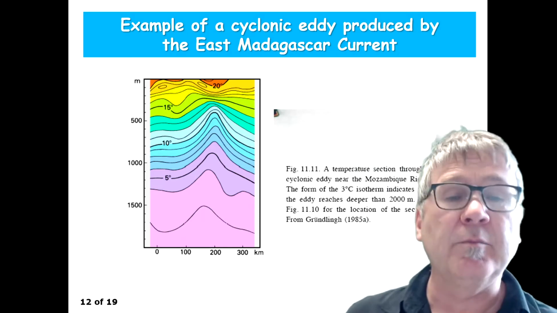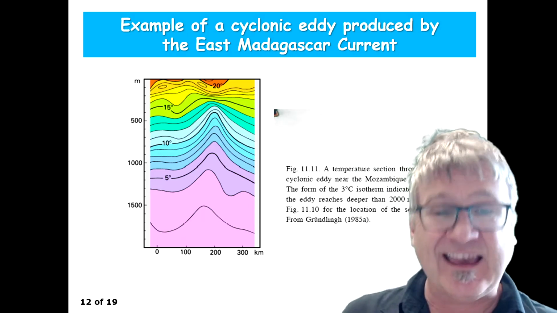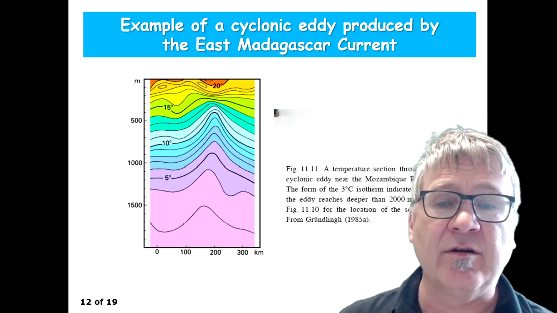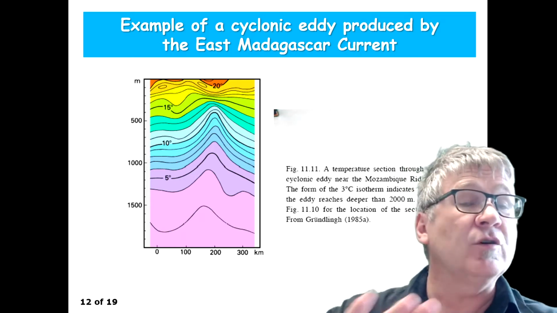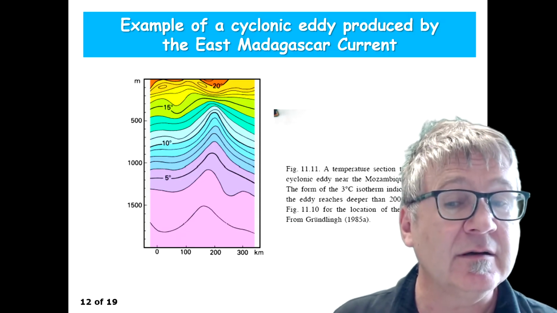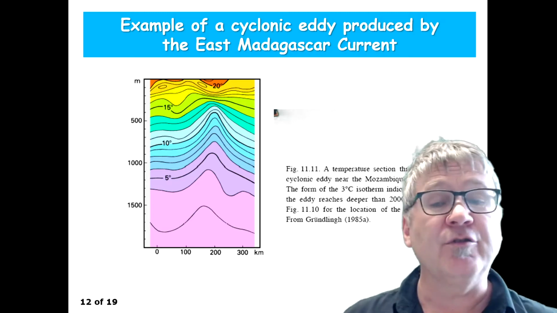This is just one example of one of these eddies produced by the East Madagascar current. It shows you a vertical transect cutting through an eddy.